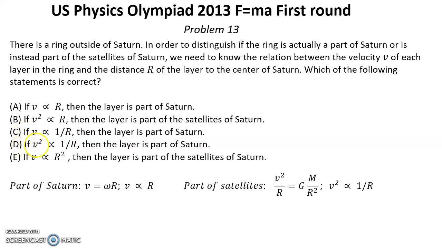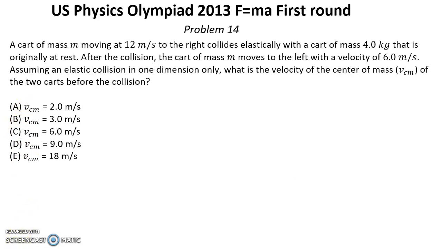D. V square inversely proportional to r. This is true if this is a satellite system, but here we have part of Saturn, which is not correct. And E. V proportional to r square. This is not true in any case. So the correct answer is A.